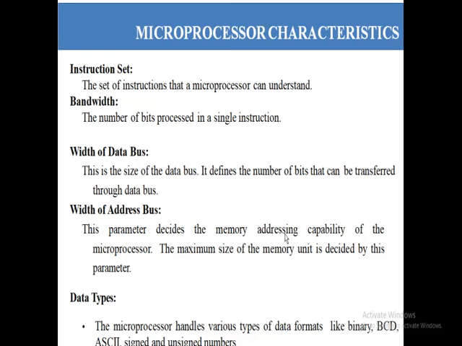If we use 2 bits, it means 00, 01, 10, 11. So 4 addresses can be accessed. So using the address bus, we can identify the amount of memory that can be accessed. Then the data bus can handle different types of data like binary, BCD, ASCII, unsigned or signed numbers.